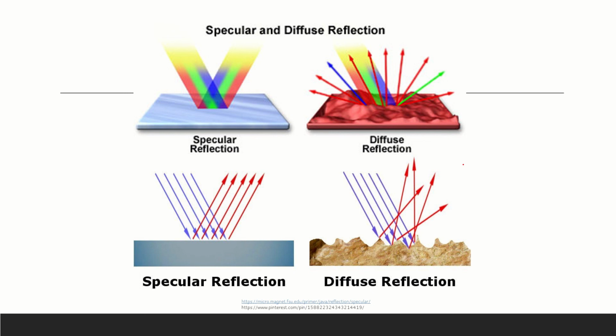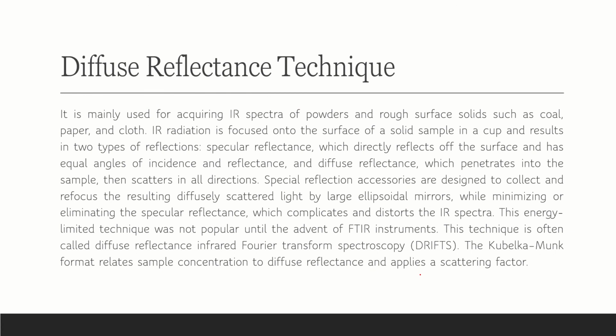These scattered radiations are collected, and then the spectra is obtained depending upon the concentration of the material, by applying a scattering factor using the Kubelka-Munk format.